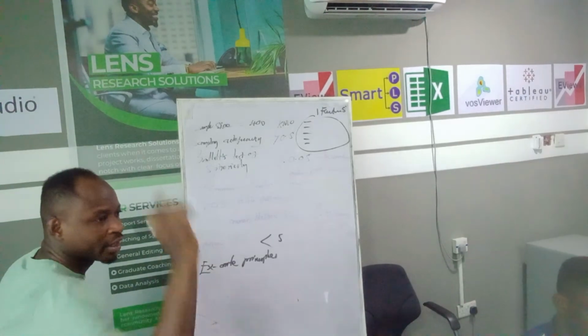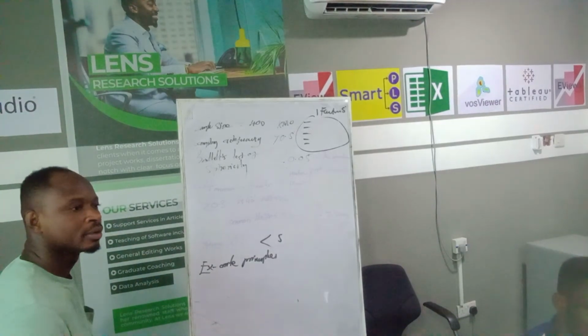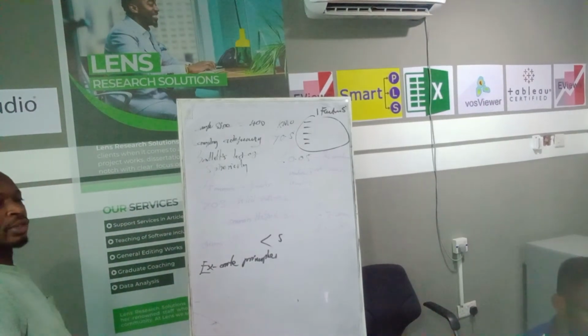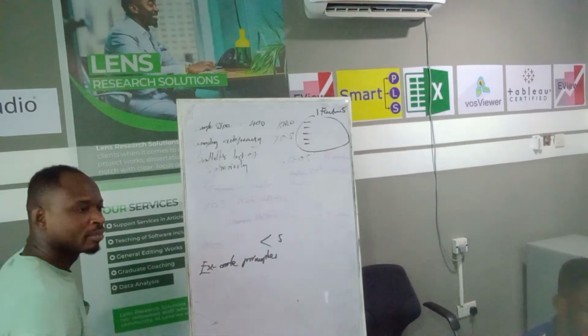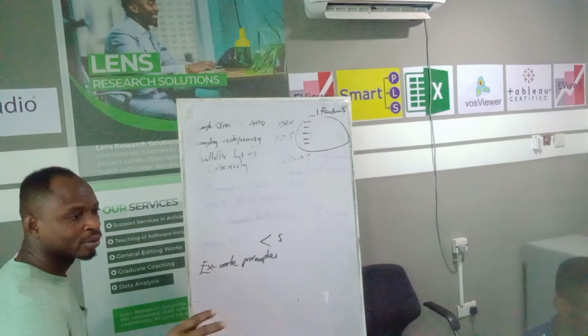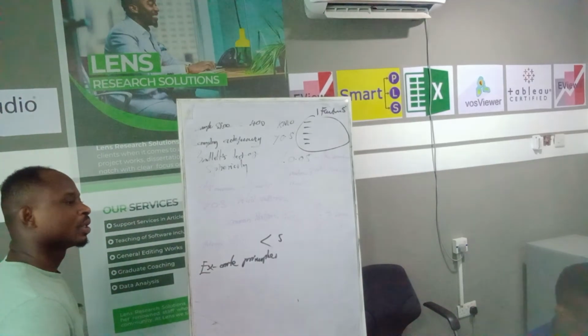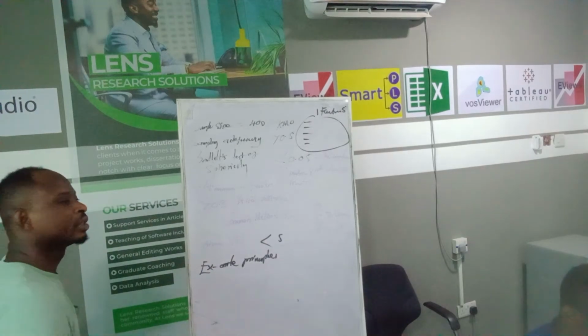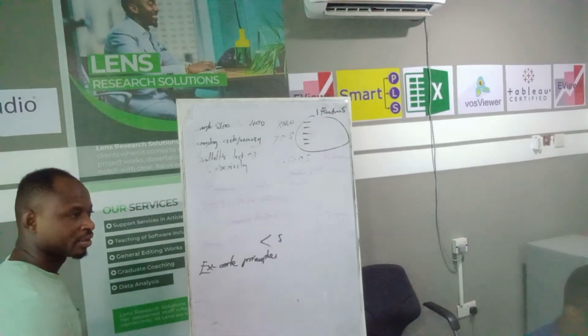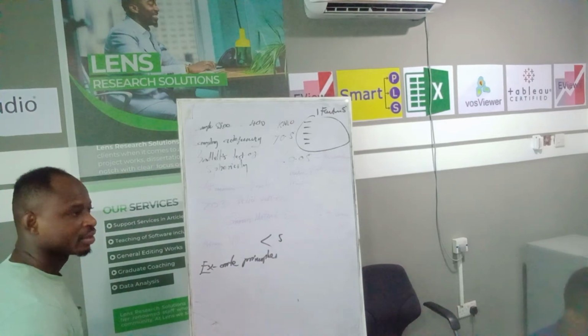The neutral. That one we call a forced scale. You don't give them room to settle on neutral. You have forced them to respond to a particular kind of thing. So before you reach out to them, you take it out? No, you don't even include it when you're designing the questionnaire. It's just like you have the assumption that it can happen, so you just take it out.